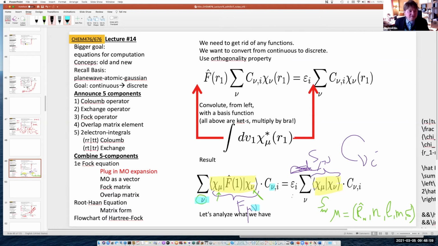So we do have an expression that reads the following way: summation over mu, F mu nu, C mu I, and the index I is the same for each element in this equation. We are not modifying it.